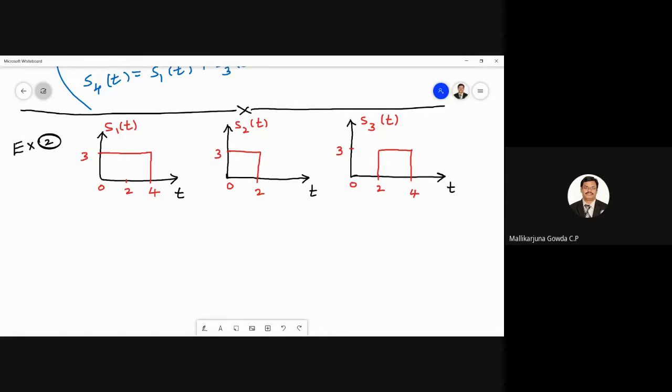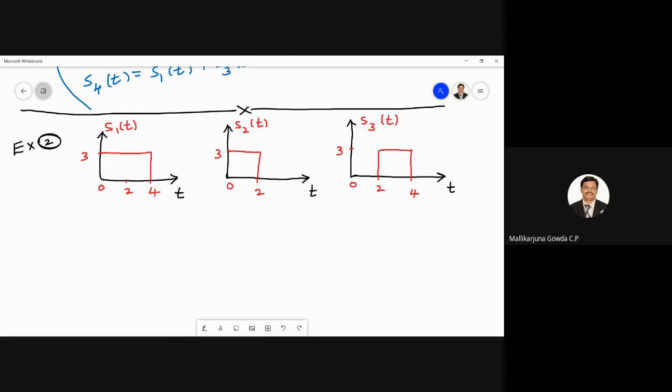Apply Gram-Schmidt procedure to obtain an orthonormal basis function.